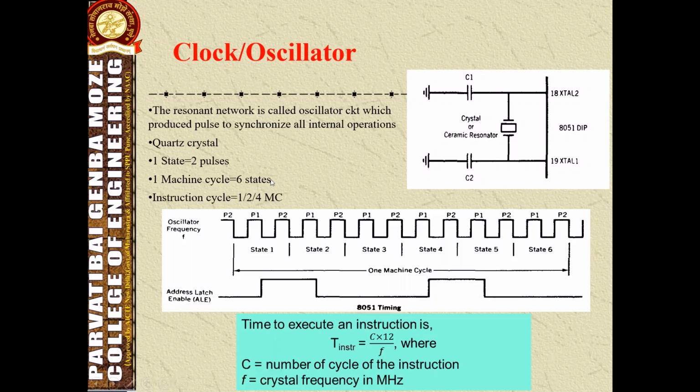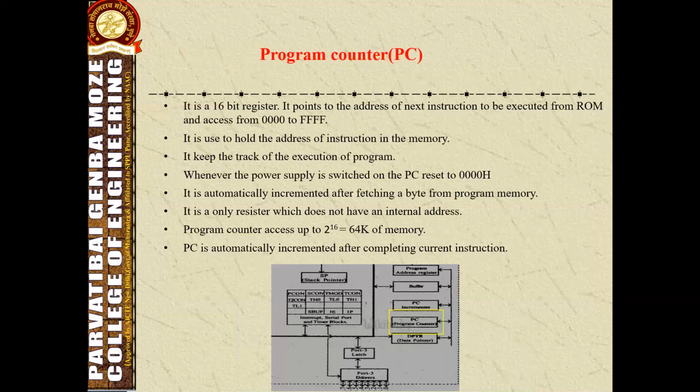Next, let's see the program counter. The program counter is a 16-bit register. It points to the address of the next instruction to be executed from the ROM, and accesses from 0000 to FFFF.